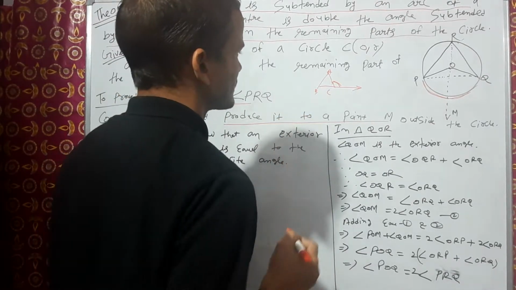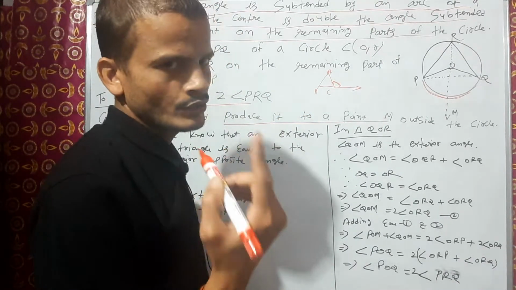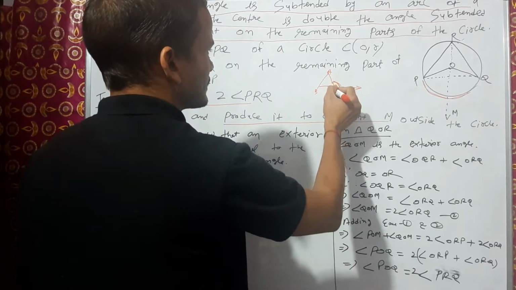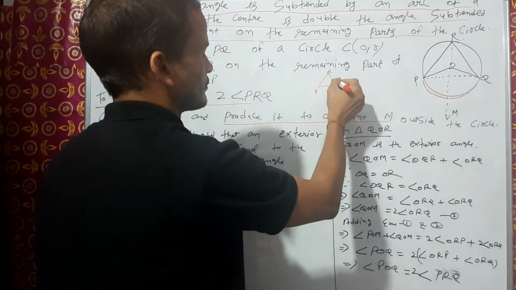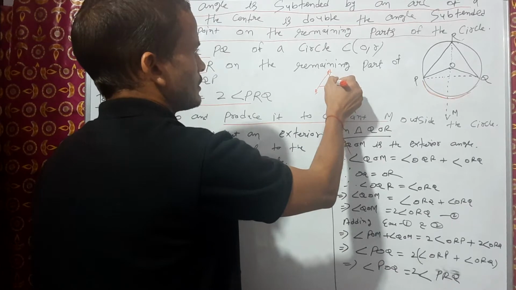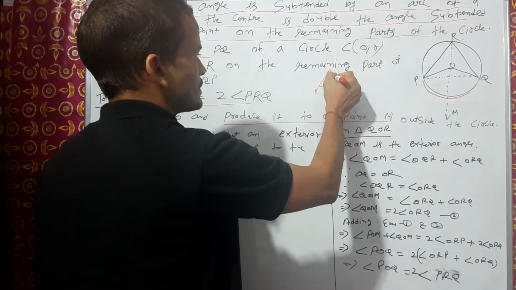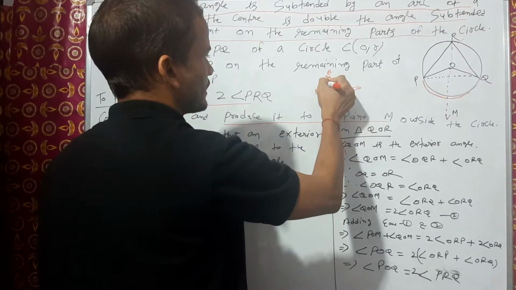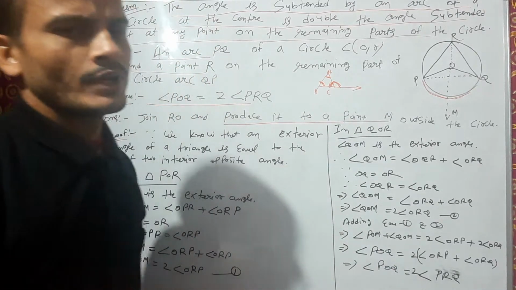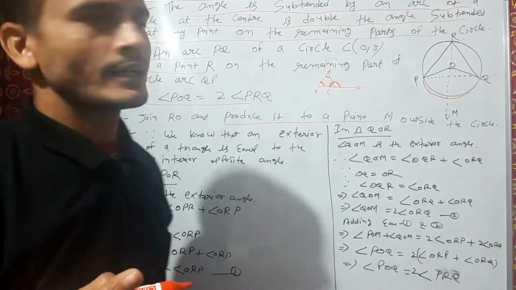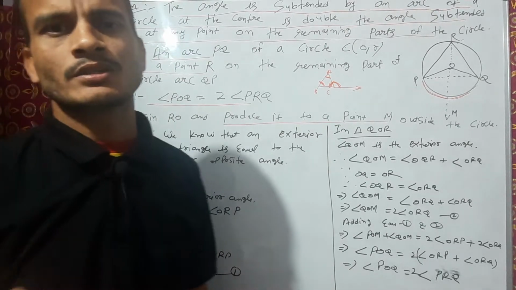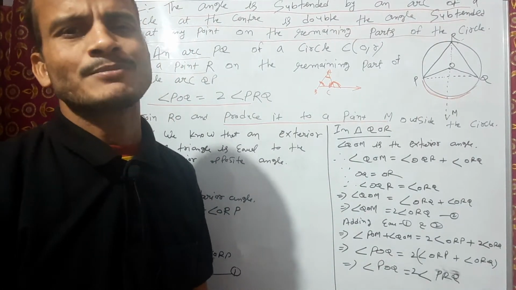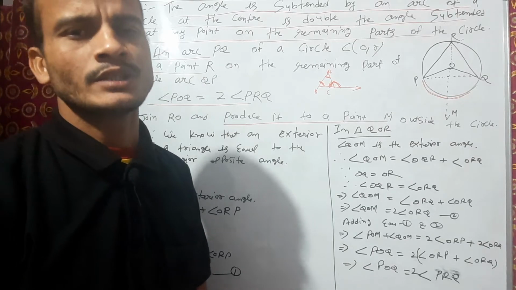The theorem is: the exterior angle of a triangle is equal to the sum of the two interior opposite angles. Means this exterior angle is equal to the sum of this interior angle and this opposite interior angle. When I explain the triangle chapter, I will discuss the types of triangles and theorems related to triangles in a very proper way in an upcoming video.